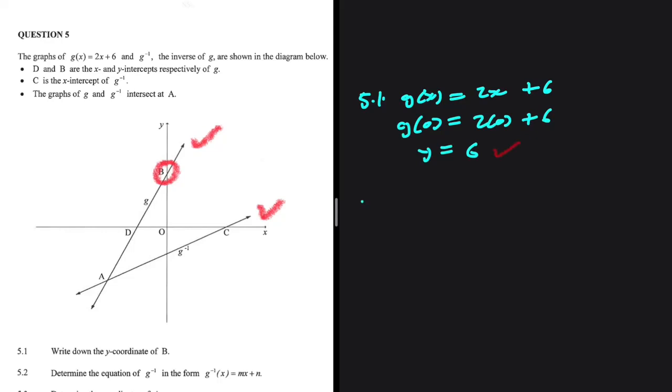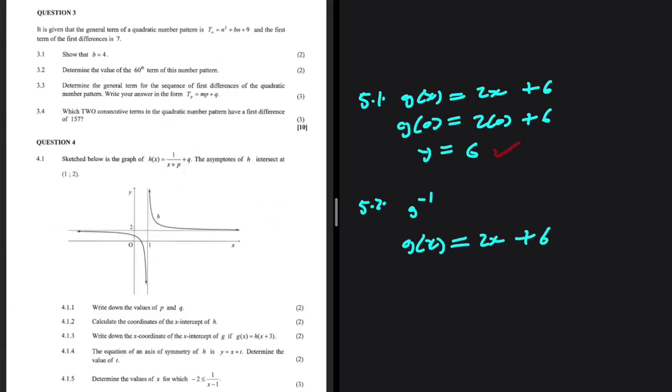That is 5.1. Let's take a look at 5.2. Determine g inverse in the form g inverse equals mx plus n. We know that g of x equals 2x plus 6. In order to find the inverse, we need to swap x and y and solve for y. So in place of y, we're going to put x, and in place of x, we're going to put y, so x equals 2y plus 6.